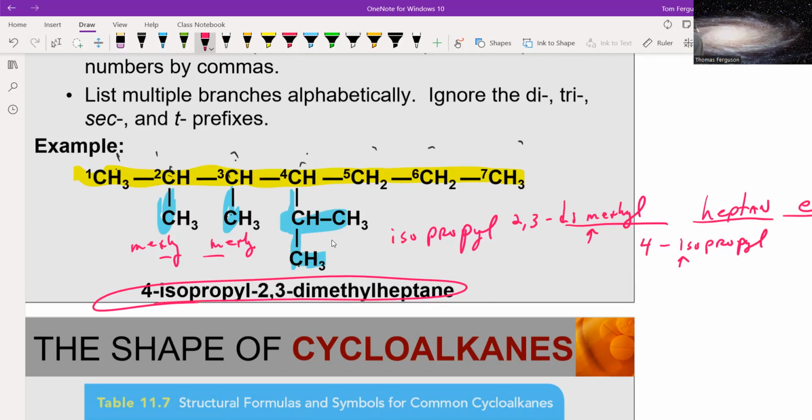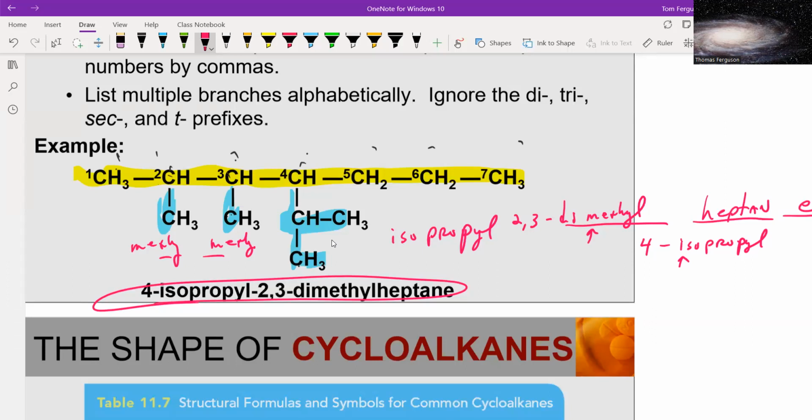Now, on a test, if I was asking you a specific naming question, and if you put the isopropyl second, methyl first, because you're thinking the di, I would ding you for it. But all reactions require naming. Reactions are in 2 parts. There's the reactants and products. You have to name the reactants and you have to name the products in the IUPAC way.